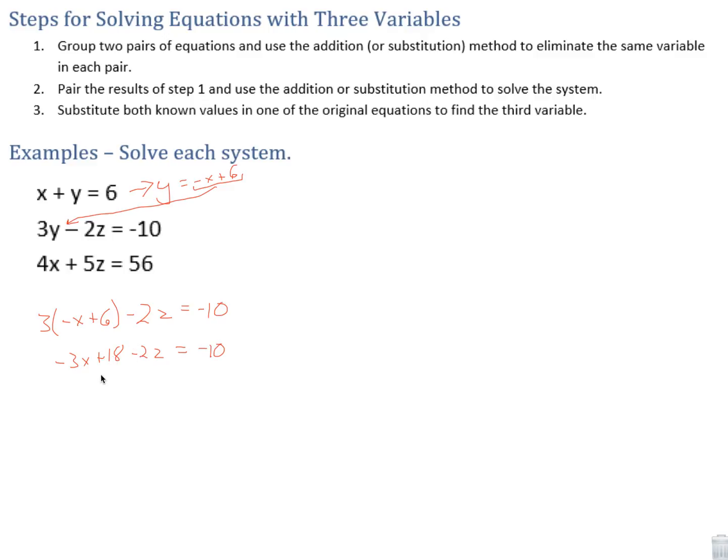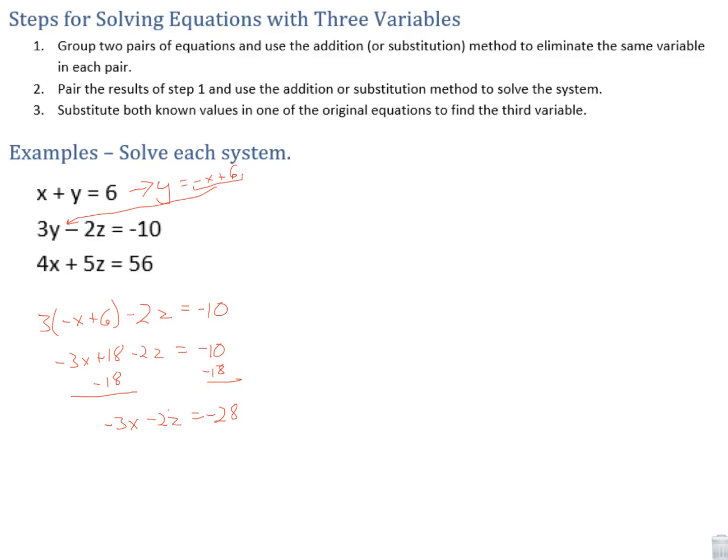We can subtract 18 from both sides. These are not like terms. This is an x and this is a z. So we're going to subtract 18 from both sides. And we get negative 3x minus 2z equals negative 28.